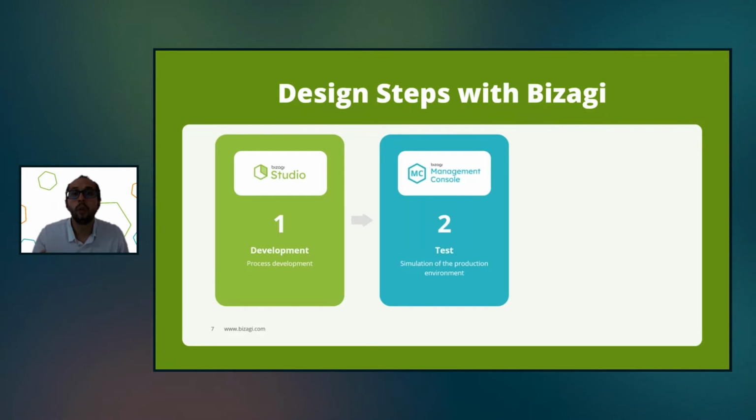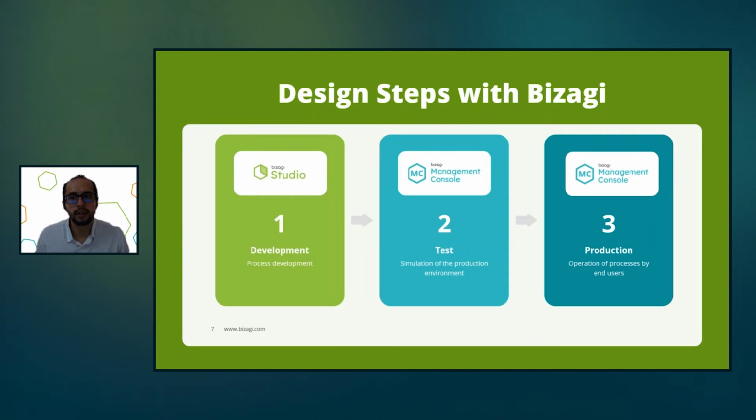Once we are sure that everything works as expected, that some user tests ran as expected and everyone is okay with those, we can jump into our final one, the production environment, which is the real operation of the organization with real end users, where everything is running.